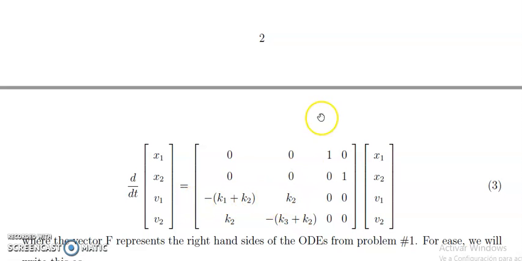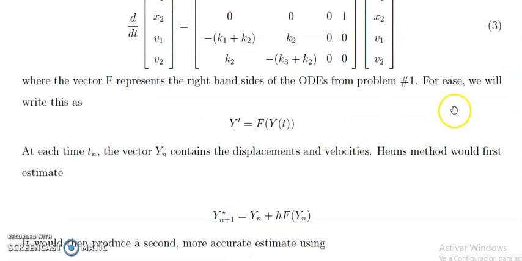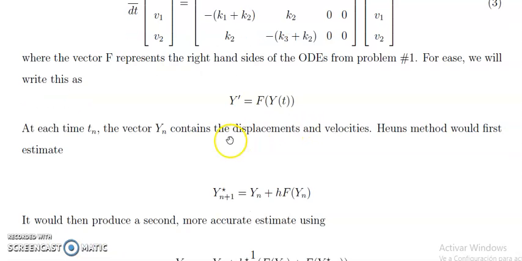And we see the same with the others. So the vector f represents the right hand side of the ordinary differential equation, and for ease we will write this as capital Y prime equal to f of capital Y, function of t.